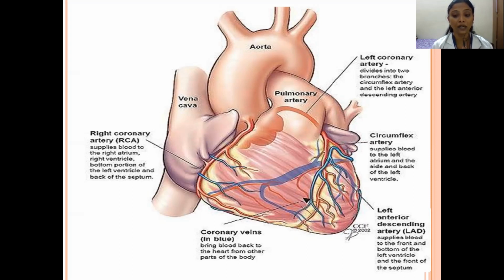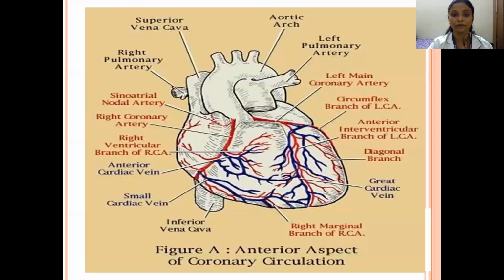The left anterior descending artery supplies blood to the front and bottom of the left ventricle and the front of the septum. The circumflex artery supplies blood to the left atrium and the side and back of the left ventricle. The left coronary artery divides into two branches, that is the circumflex artery and the left anterior descending artery.